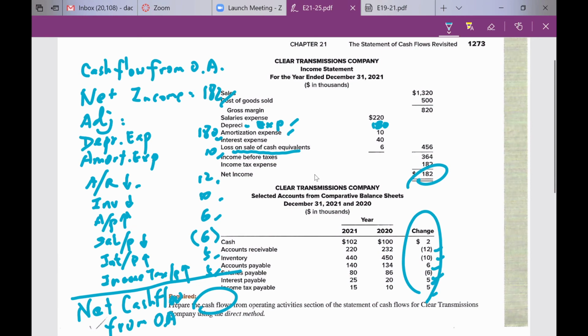We received cash, but that cash belongs to investing activities. But when we sell cash equivalent and have a loss, that loss affects our cash directly. Our total cash and cash equivalent decrease in this case by 6. That's why this is an operating activity. Remember, in the direct method last time, we included that as one of the cash outflows.